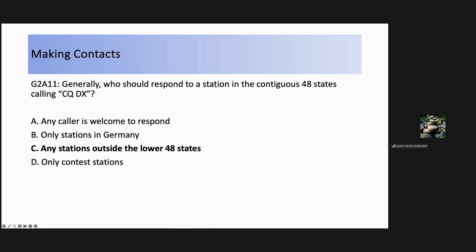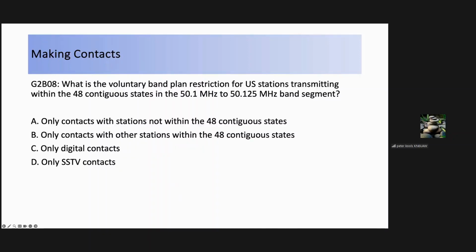This would be any station outside the lower 48 states. What is a voluntary band plan restriction for U.S. stations transmitting within the 48 contiguous states in the 50.1 megahertz to 50.125 megahertz band segment? This is the one you want to memorize. So only contacts with stations not in the 48 contiguous states.